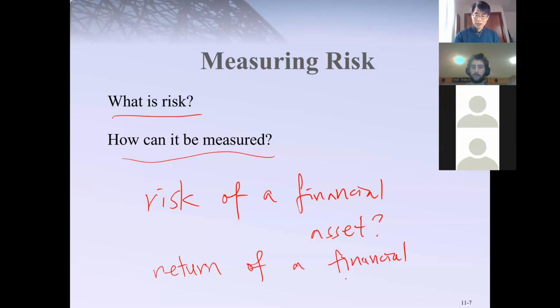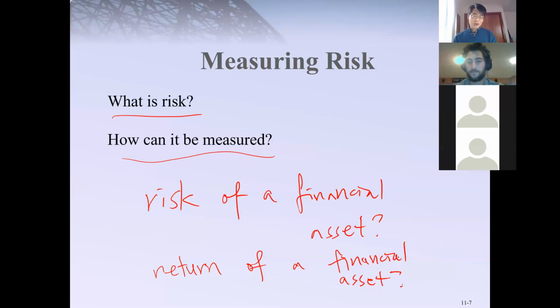How do we measure the rate of return of a financial asset? We learned things like the internal rate of return, yield, and so on and so forth, right? So it basically is the future cash flow that a financial asset can generate minus your purchase price, over the purchase price, is the rate of return, right?